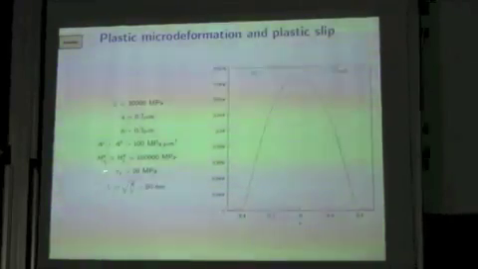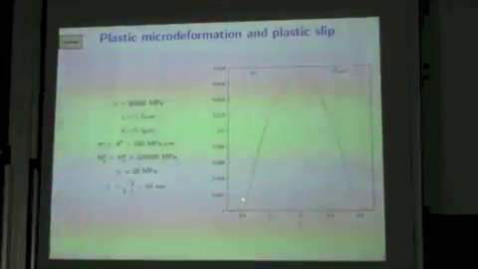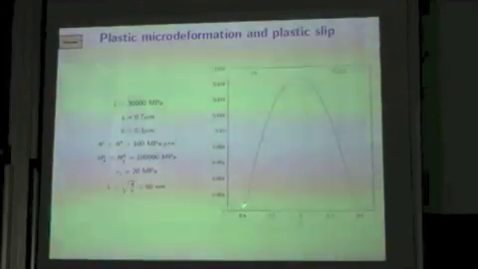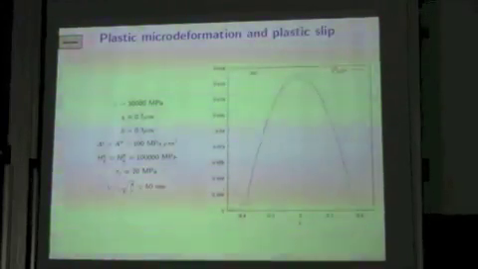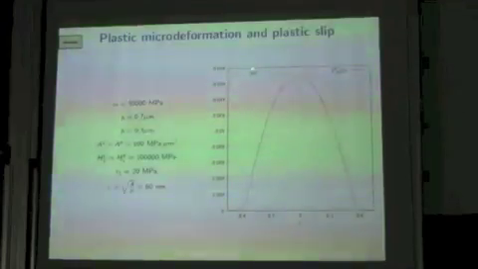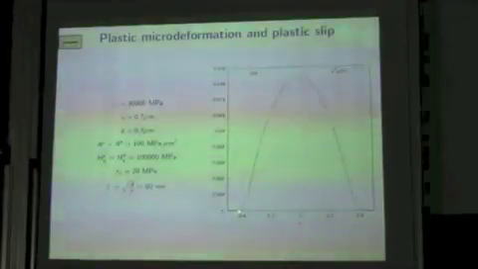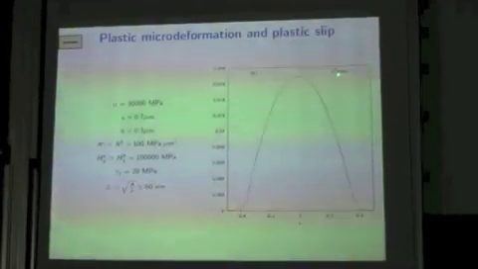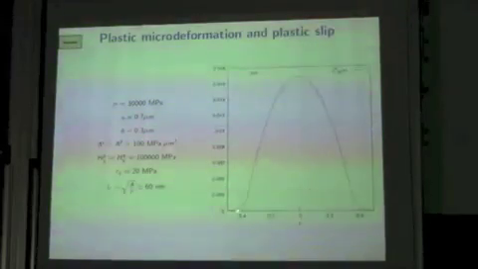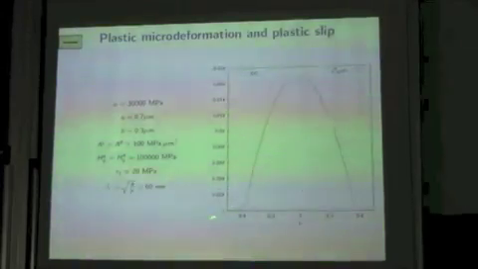This is related to the internal length that you put in your material parameter here. Here you have the plastic slip, the amount of slip, gamma. It is of course 0 in the elastic phase, but the micromorphic variable is not 0 in this part because you transmit the higher order tractions.